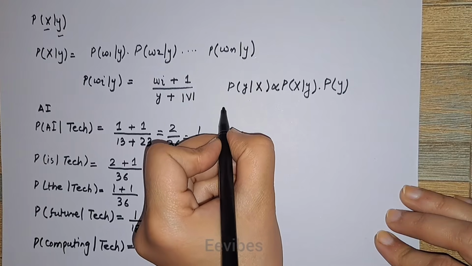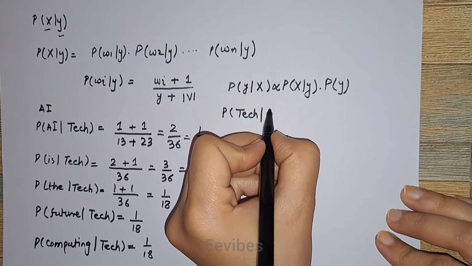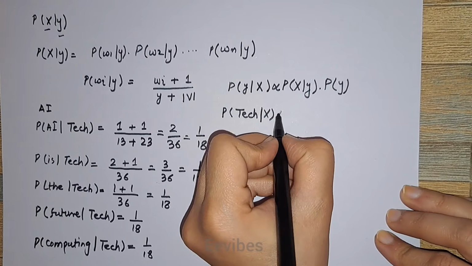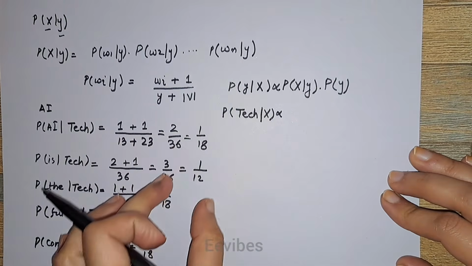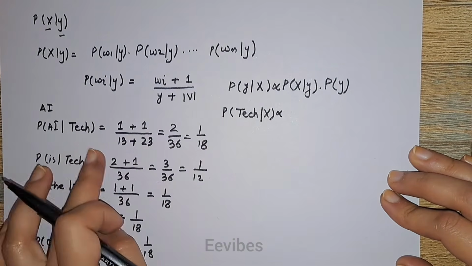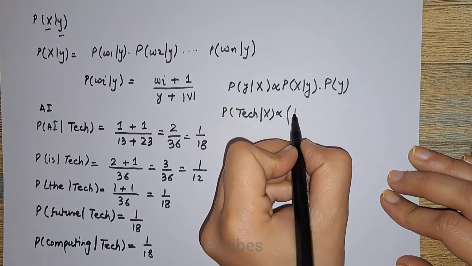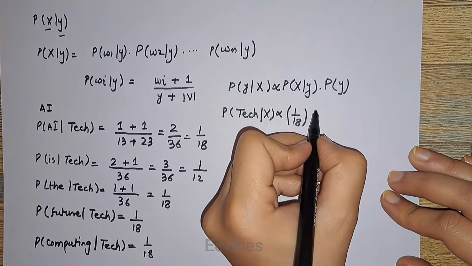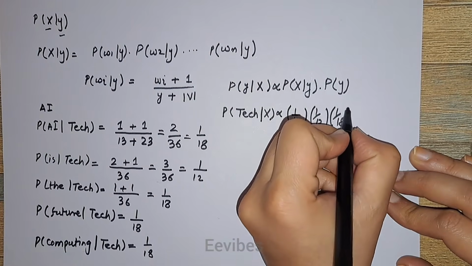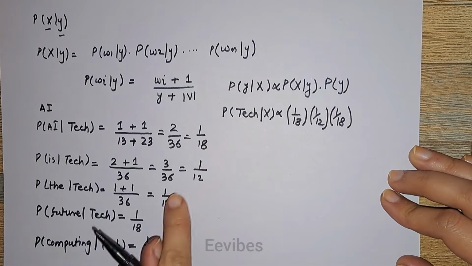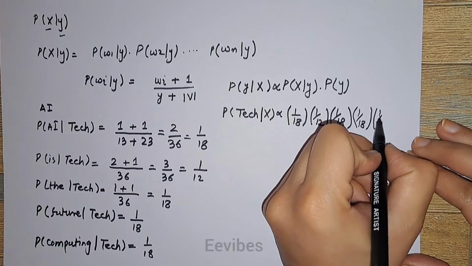So the probability of being tech given all these words x is directly proportional to, since the probability of x given y is equal to the product of the probability of each word occurring in that particular tech class, we will just multiply 1 over 18 into 1 over 12 into 1 over 18, then 1 over 18, and finally 1 over 18.